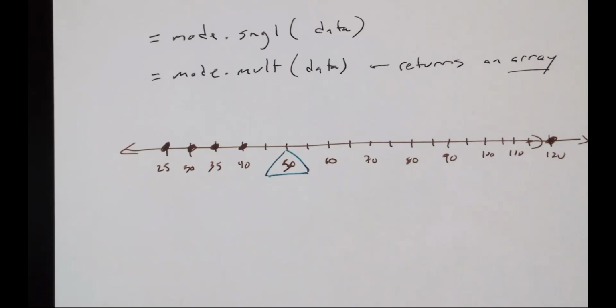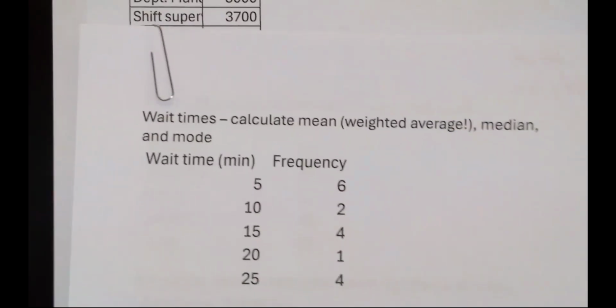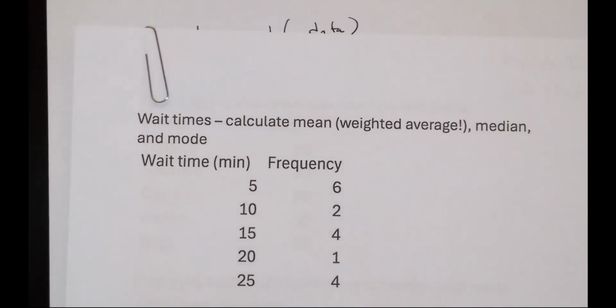Sometimes our data shows up differently. Instead of having each data value listed individually, some of our data is given as a frequency. Summary data. So, for example, here I'm looking at wait times in a line.